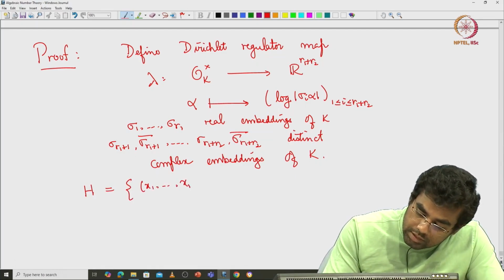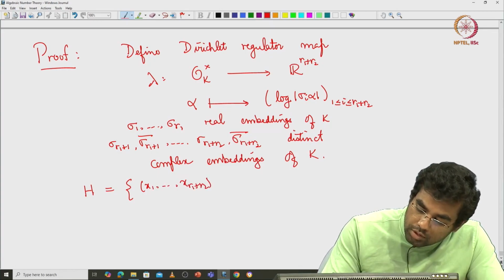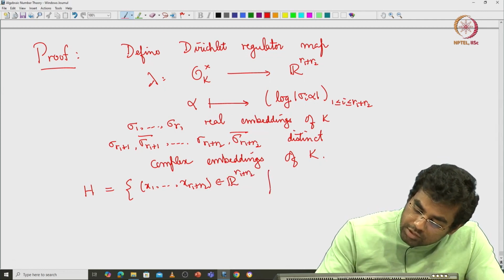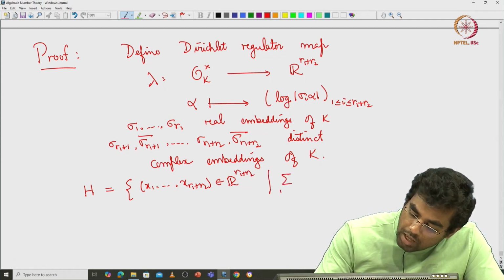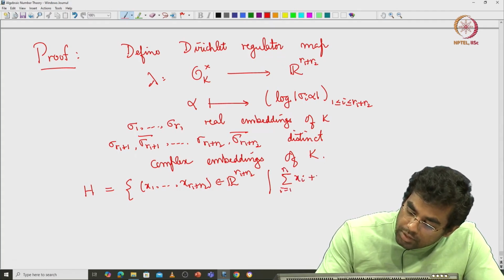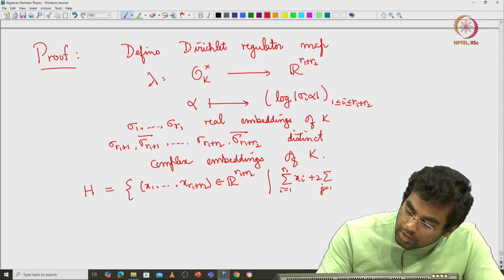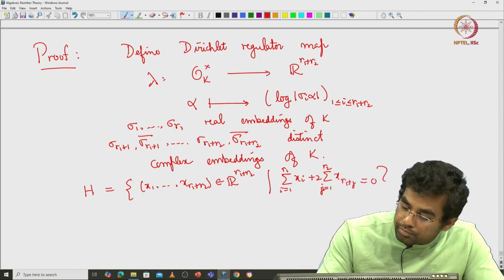So, this is x in R^(R1+R2) such that summation i going from 1 to R1 x_i plus 2 times summation j going from 1 to R2 x_(R1+j) is equal to 0.